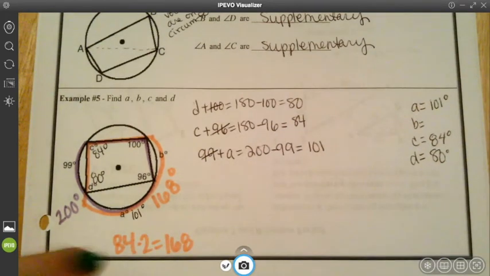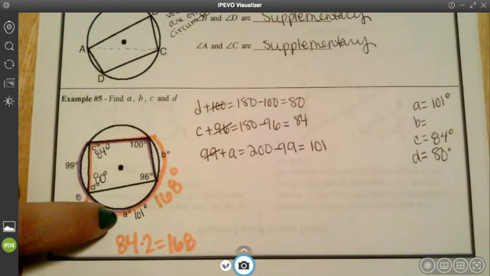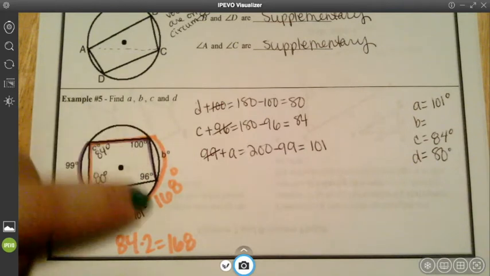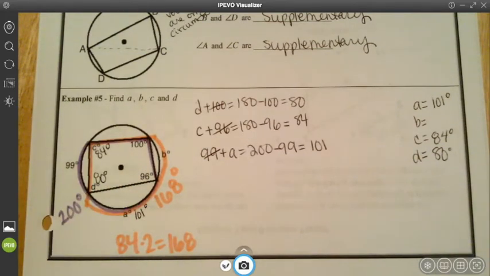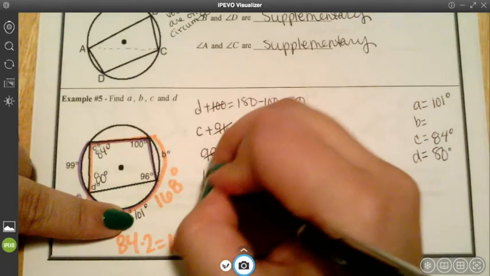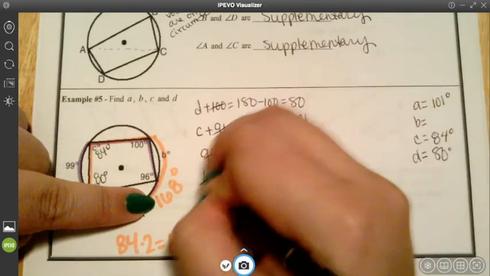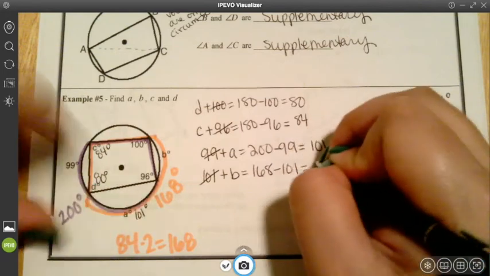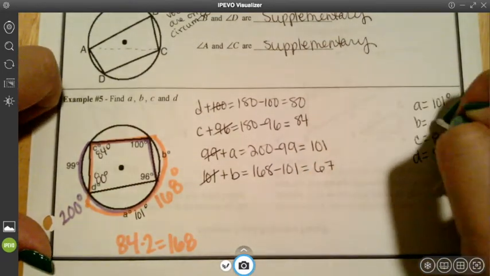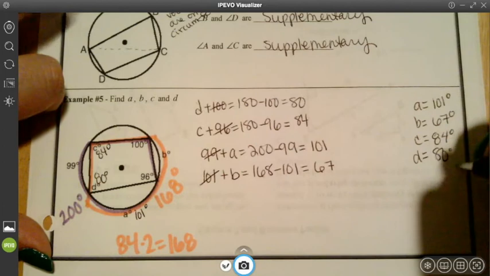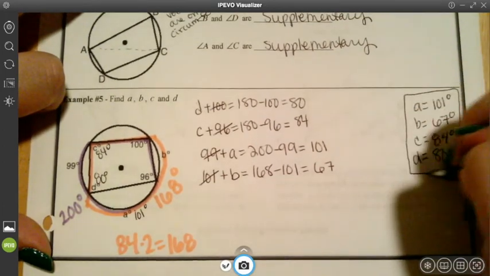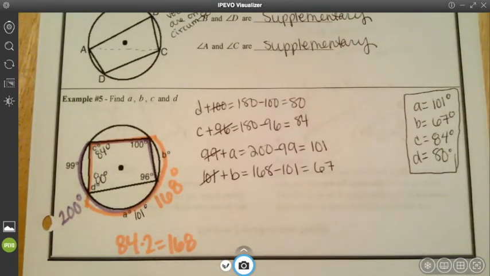And so I can say arc length A plus arc length B equals 168 degrees. Luckily, we have arc length A, so that's 101 plus B equals 168, minus 101 equals 67. And there are our 4 parts of our solution.